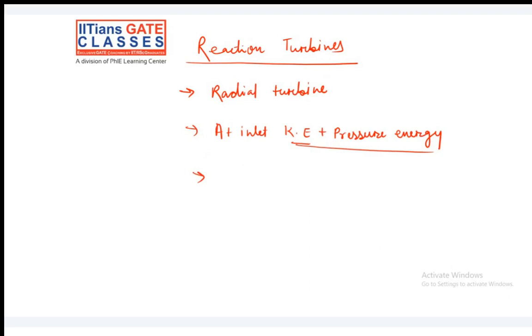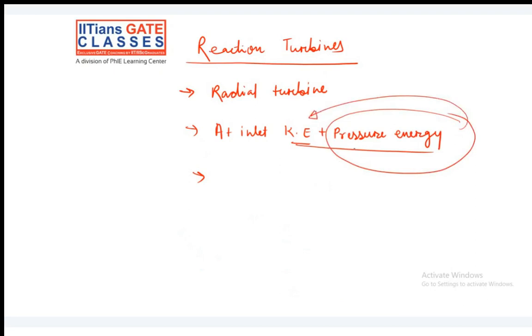So in order to maintain that, there is a very airtight casing inside which the turbine is kept and where the flow is happening, okay? So once the water strikes the vanes and flows through, during that flow this pressure slowly gets converted into kinetic energy.